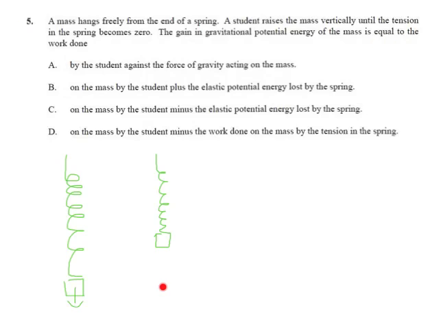So this has been lifted up to the point where now there is no more elastic energy stored in here. Well, the answer is B. The student has done some work, force times distance, on the mass, definitely, because it's moved the mass m by a distance d.